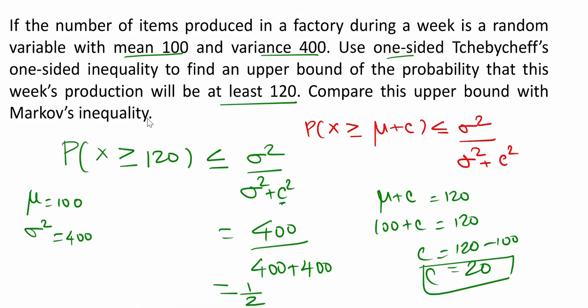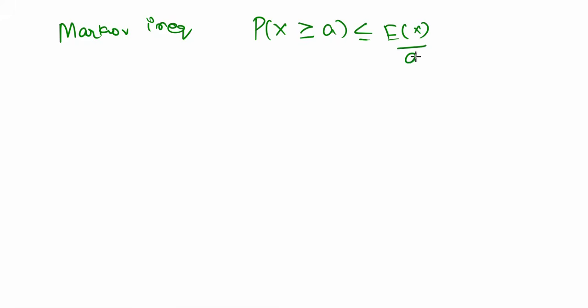Now, the second part of the question asks us to compare this with the upper bound using Markov inequality. So, what do we know about Markov inequality? By Markov inequality, we know that probability of x greater than or equal to a has to be less than or equal to E of x divided by a.